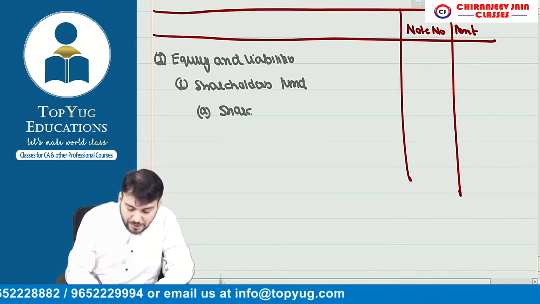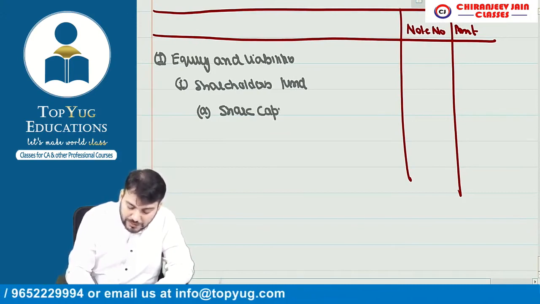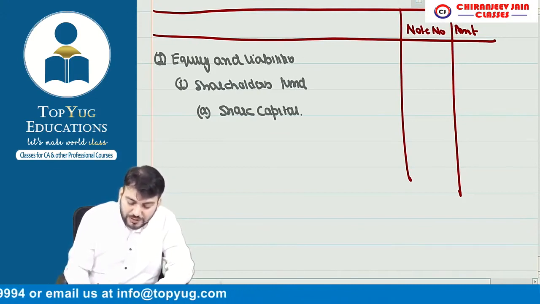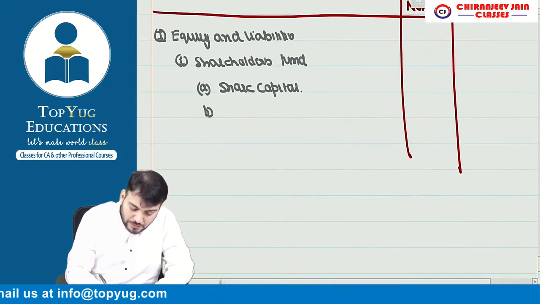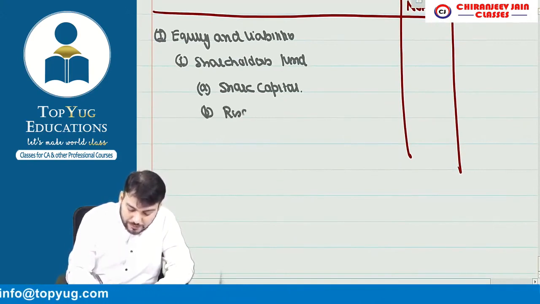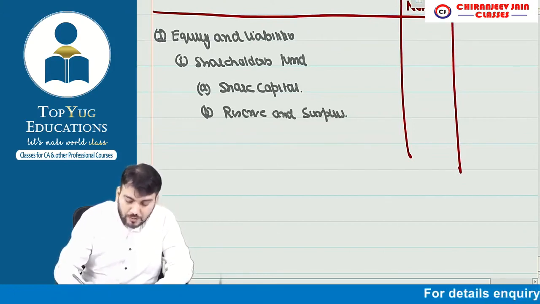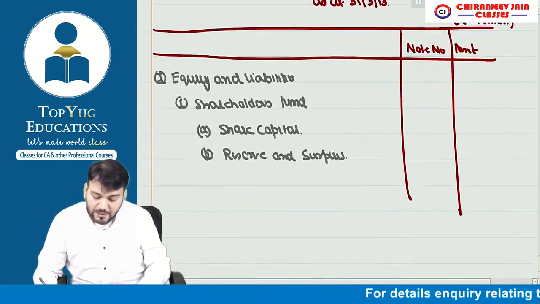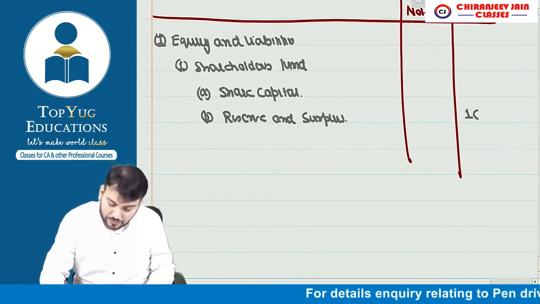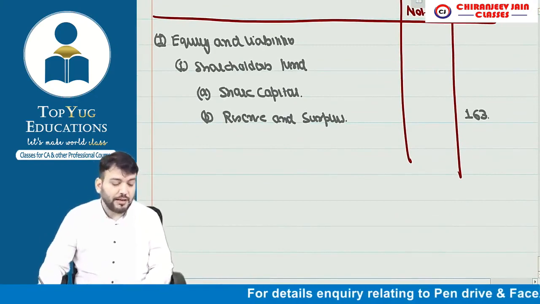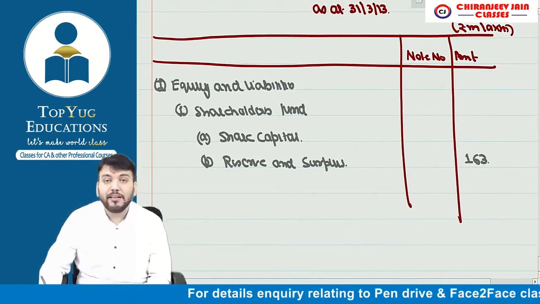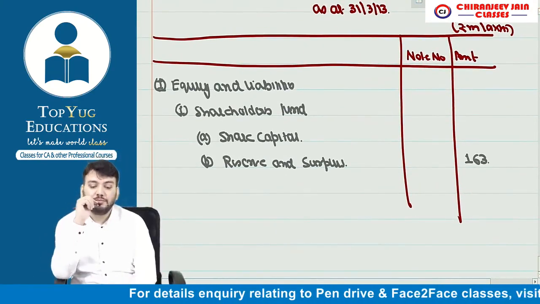You will give me share capital; whatever you say, I will write down. Then B, reserve and surplus. Now we know reserve and surplus will be only capital reserve. We have capital reserve of 163 lakh. Tell me how much share capital should come? Everyone respond.